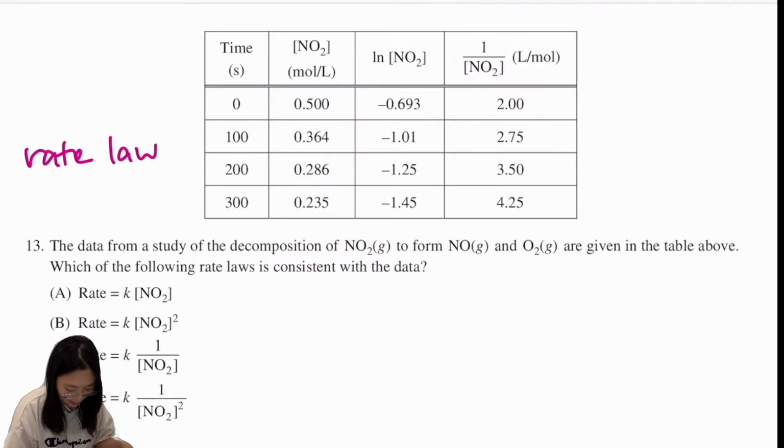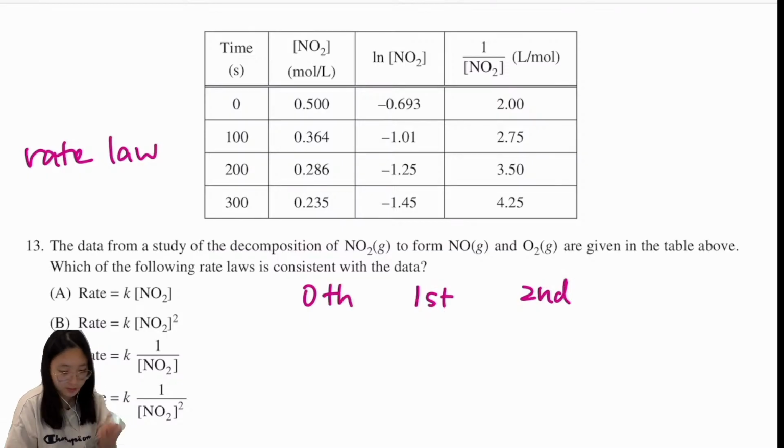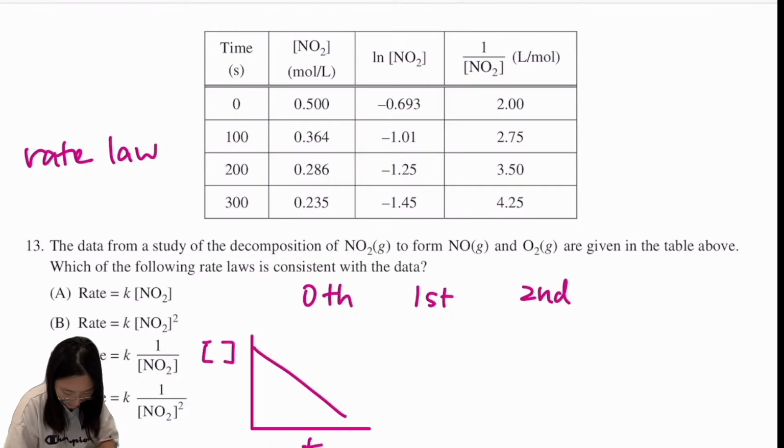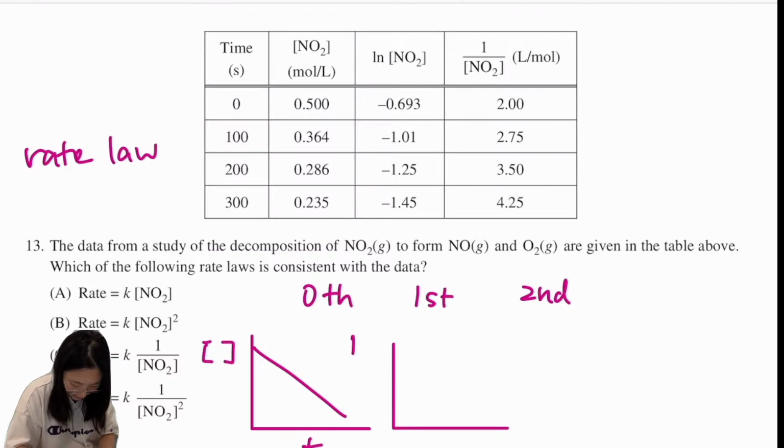Remember that for the rate law, we only study zero order, first order, and second order, and each of them will give you a linear graph, but for a different y value. For zero order, it gives a linear graph when it is the concentration of the reactant over time. For first order, it gives a linear graph of ln concentration over time.